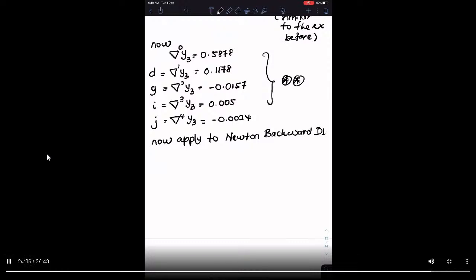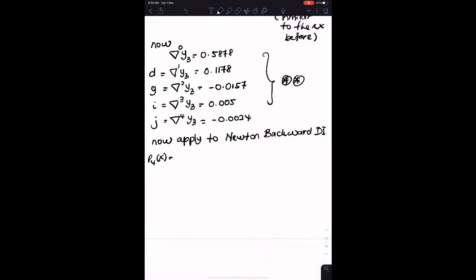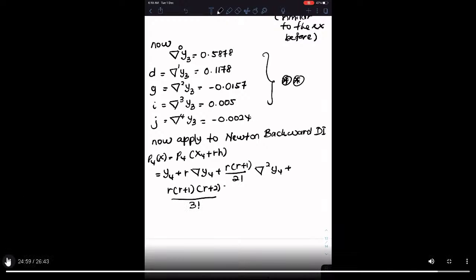I think the answer is similar to the Newton forward, but the arrangement is different. So P4(x) equals y4 plus R delta y4, plus R(R plus 1) divided by 2 factorial delta 2y4, plus R(R plus 1)(R plus 2) divided by 3 factorial delta 3y4, until the last, R(R plus 1)(R plus 2)(R plus 3) divided by 4 factorial delta 4y4.